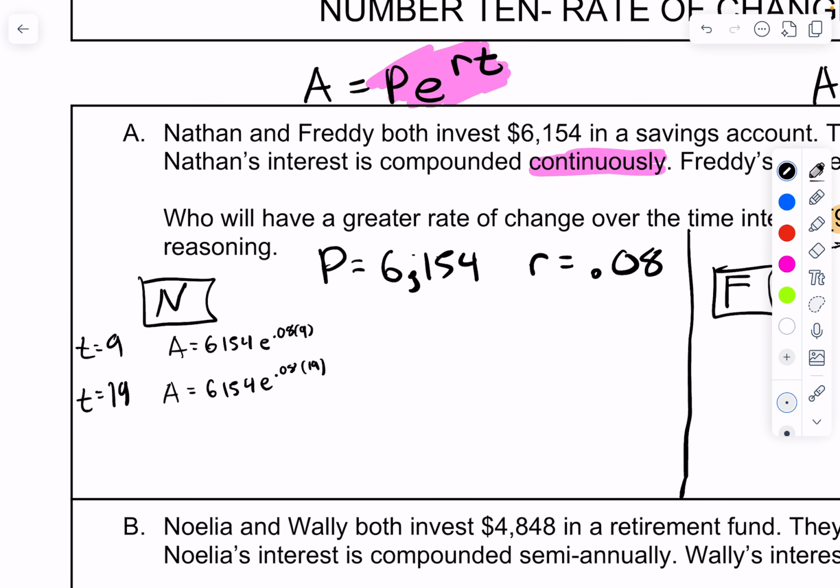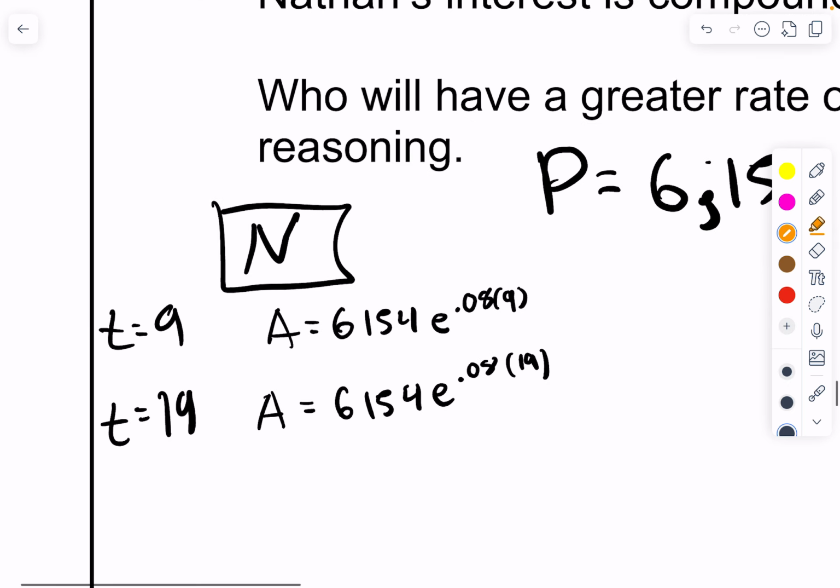Again, I just plugged in my principal, my rate, but I'm doing 2 separate calculations, one for the 9 and one for the 19. Okay, I need to make that smaller. Okay, all right, so we're going to plug that in the calculator.